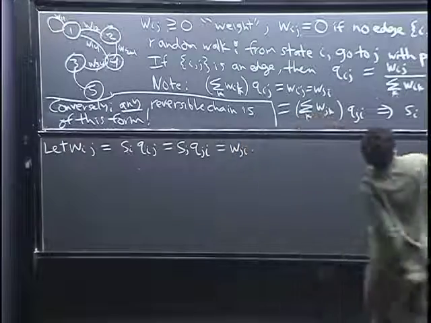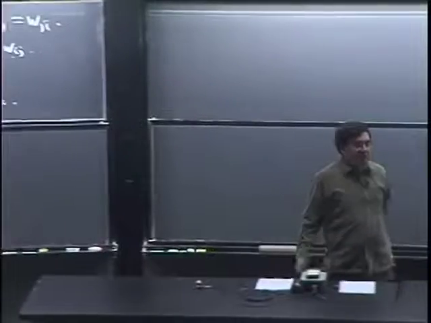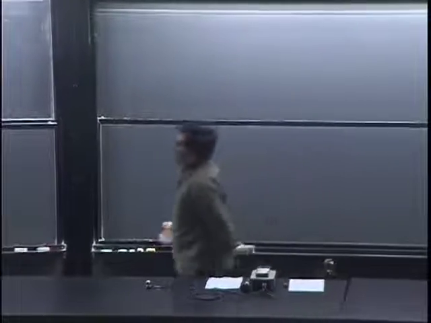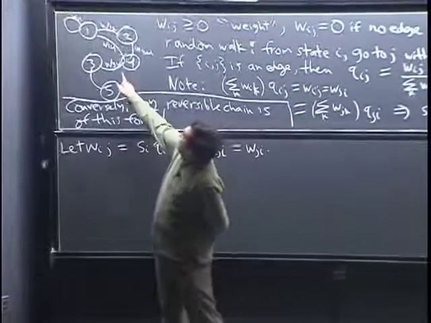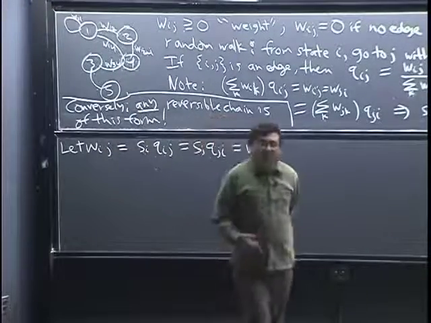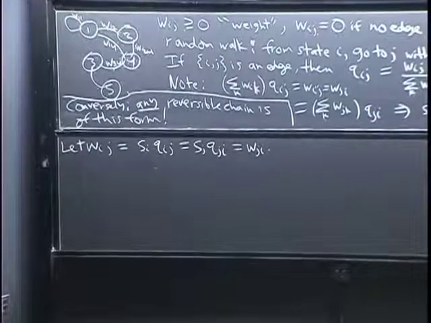So we will have this condition hold, and all we have to do to check that this works is to show that if we define the weights this way and do this particular random walk, it has the transition probabilities that we want, which are the Qij.